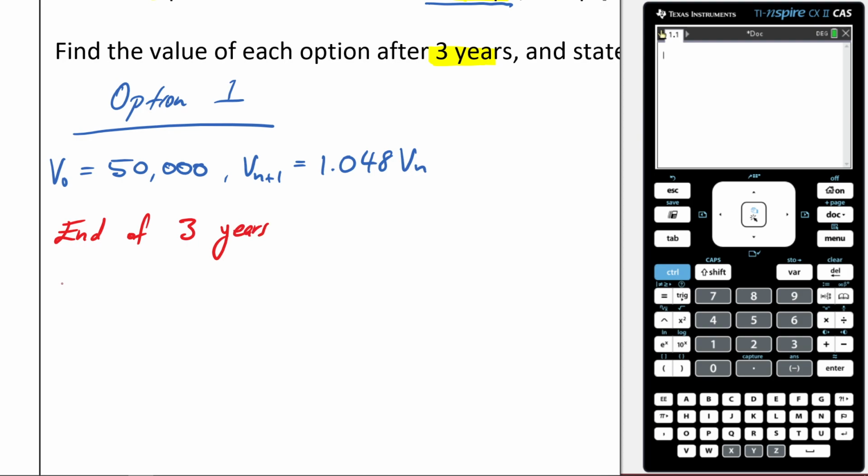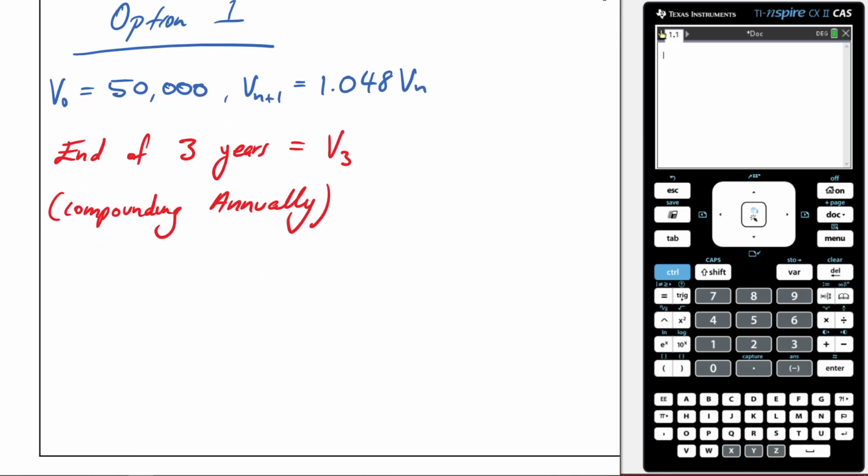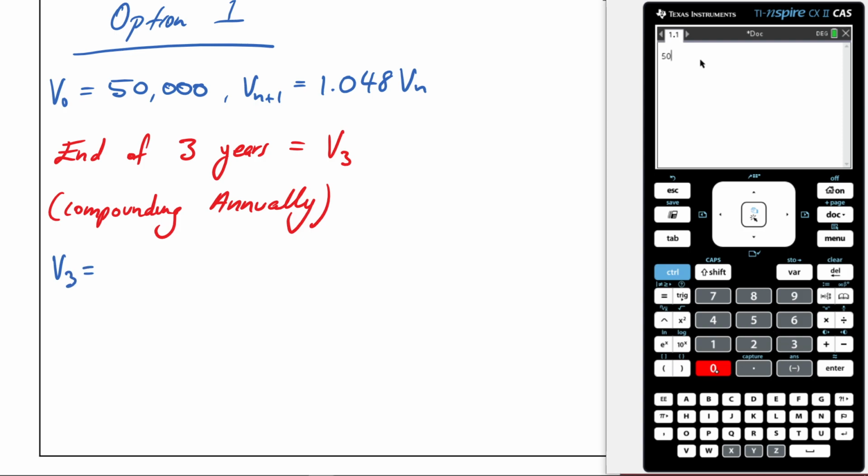Well, this is important. If I'm compounding annually, what that means is that at the end of 3 years, it's just 3 iterations because you're compounding annually. So it's going to be V3. To figure out what V3 is going to be, I'll come to my CAS calculator. I'll put in 50,000, 1, 2, 3. I then am going to times it by 1.048.